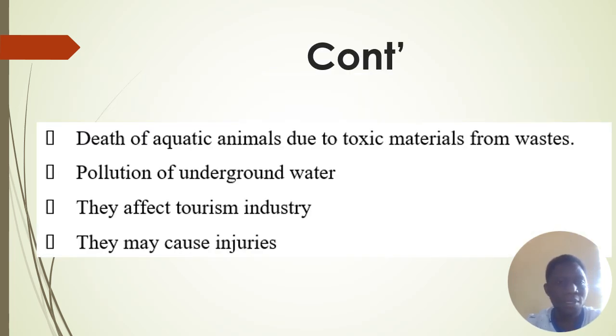Here we have other negatives of poor disposal of waste. Death of aquatic animals due to toxic materials from waste. It also causes pollution of underground water. They affect the tourism industry. They may also cause injuries.